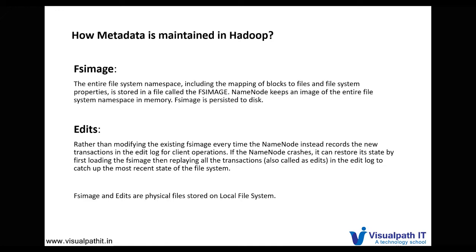The entire file system namespace, including the mapping of blocks to files and file system properties, is stored in a file called fs image. The name node keeps an image of the entire file system namespace in memory. The fs image is persisted to disk, so it is stored on the disk.